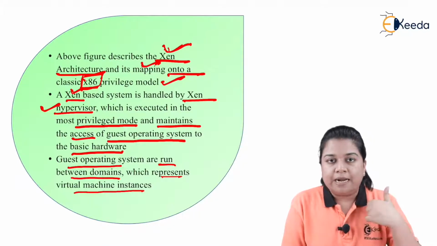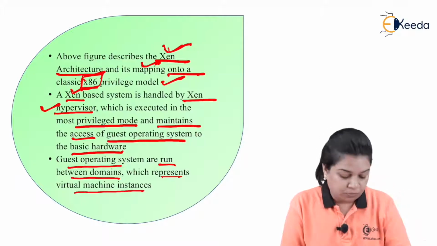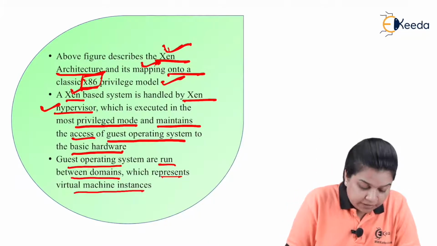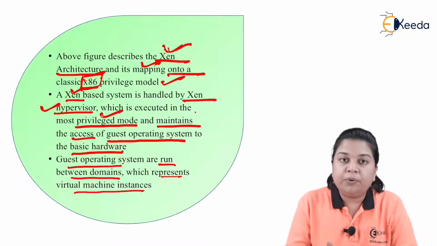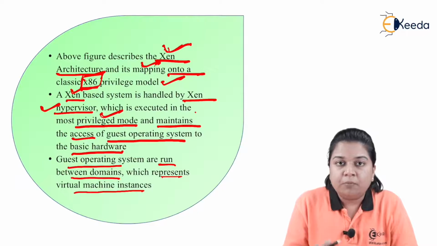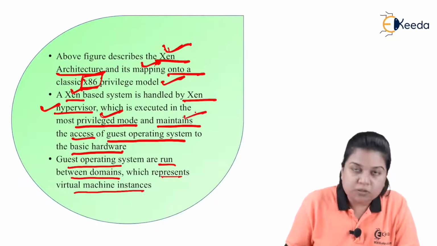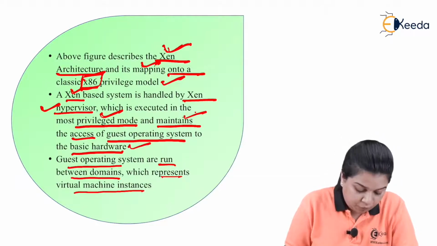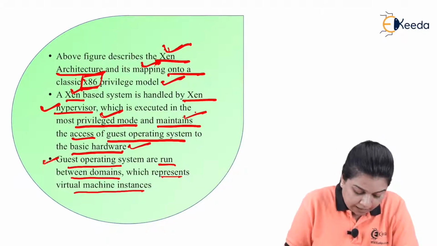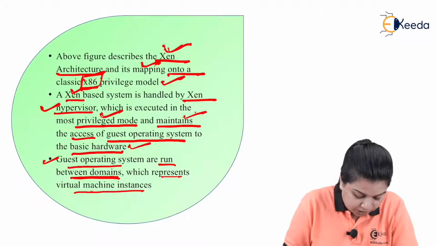It has three things: memory management, CPU state management, and devices input output. So it is handled by the Xen hypervisor, which is executed in the most privileged mode. That means mostly privileged instructions are being transmitted and executed, and it maintains the access of the guest operating system to the basic hardware. Guest operating systems run between domains which represent virtual machine instances.